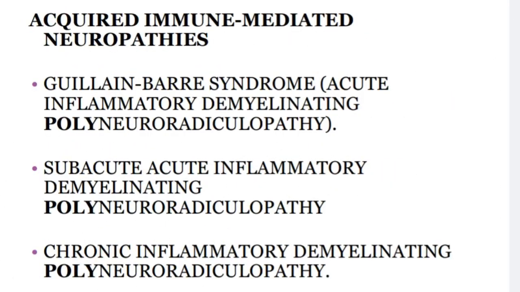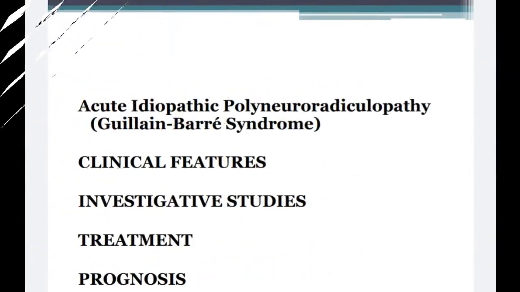Now I'll talk about acquired immune-mediated neuropathies. The common examples are the Guillain-Barré syndrome, acute inflammatory demyelinating polyneuropathy, subacute inflammatory demyelinating polyneuropathy, and the chronic inflammatory demyelinating polyneuropathy.